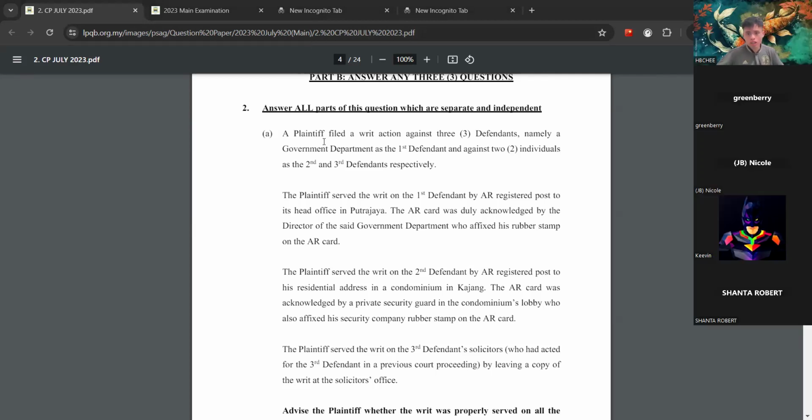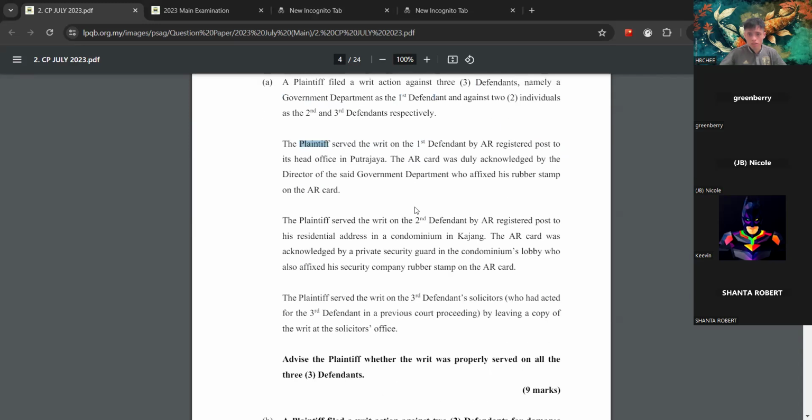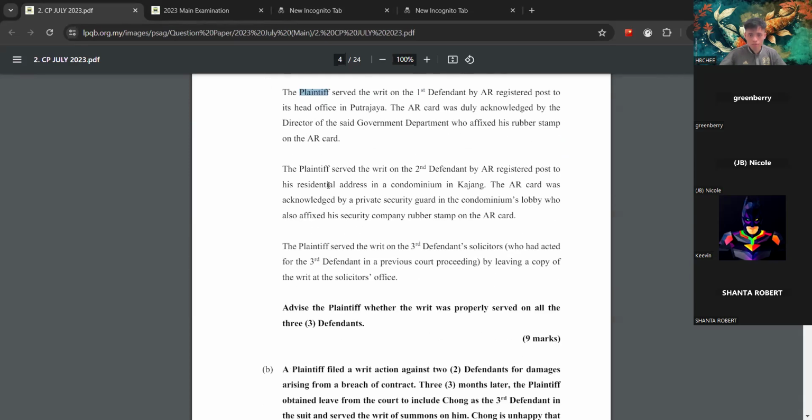Okay, we come to the second question. Plaintiff filed a writ action against three defendants, namely, government department as first defendant, and two individuals as second and third defendant, respectively. Now plaintiff served the writ on the first defendant by AR registered post to the head office in Putrajaya. AR card was duly acknowledged by the director of the government department, affixed with a rubber stamp.